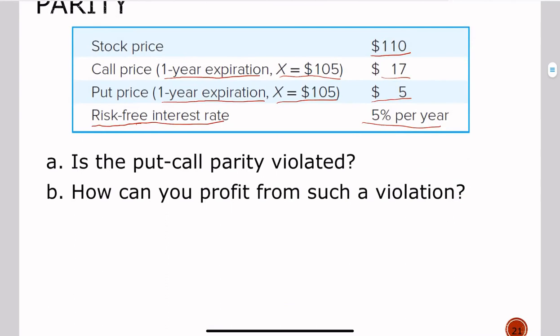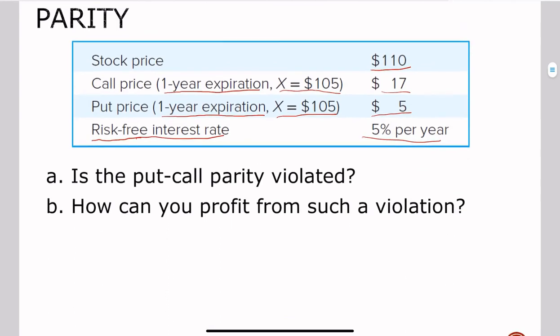Okay, so to check whether this is violated is quite simple, right? Because you could just plug numbers into this put call parity and see whether this parity actually holds or not. Remember that put call parity says C plus PVX equals P plus S0, right?